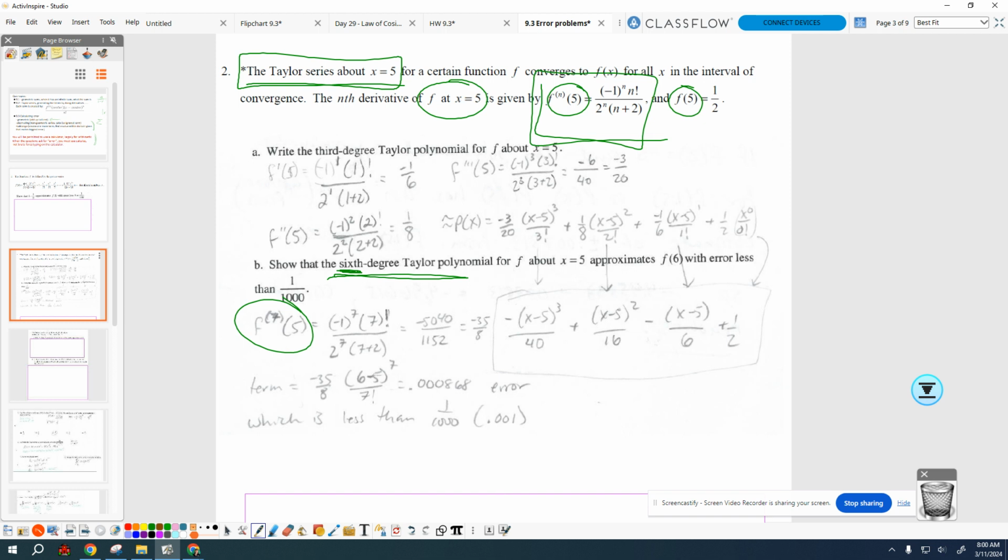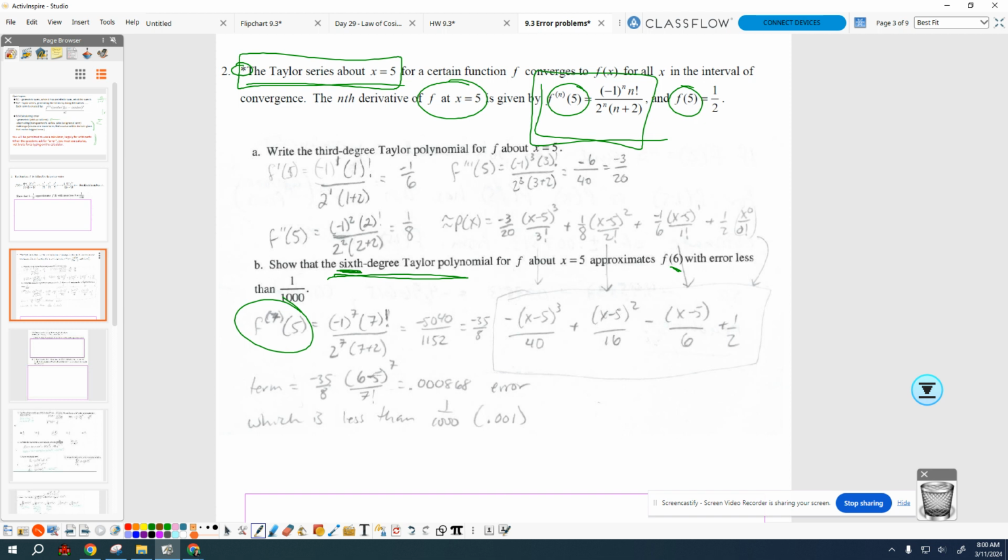So the error term is the 7th derivative, center minus where we're approximating to the 7th over 7 factorial, and stuff cancels. This one is clearly a calculator question, and that's why there's the asterisk on it.